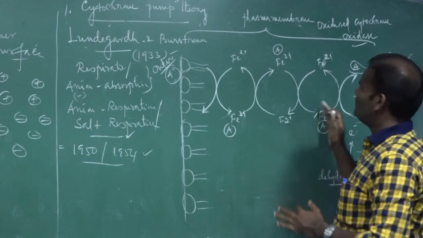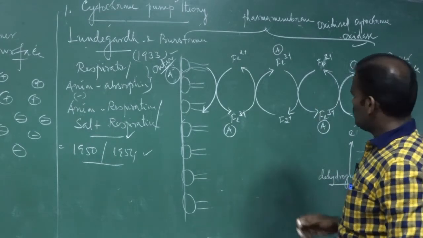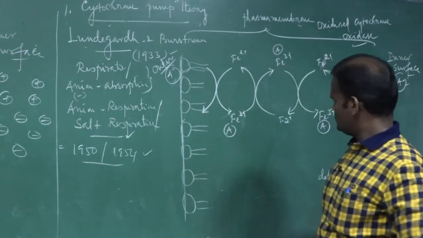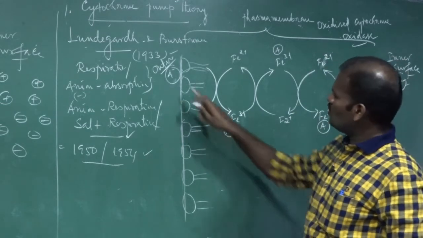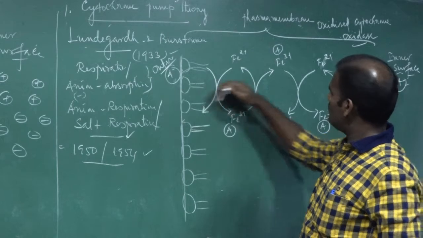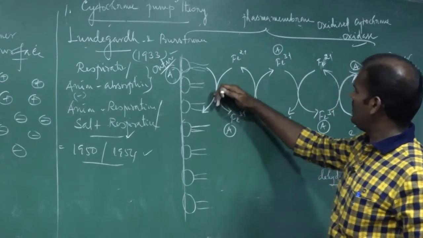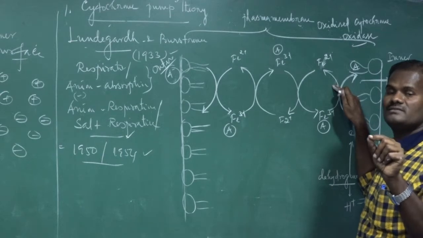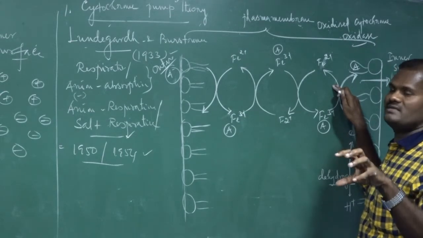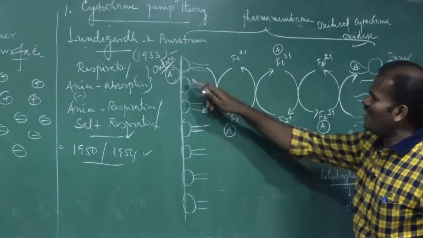That is one way. Another one: there are three assumptions. Anions are transported across a membrane through a carrier molecule by utilizing metabolic energy.